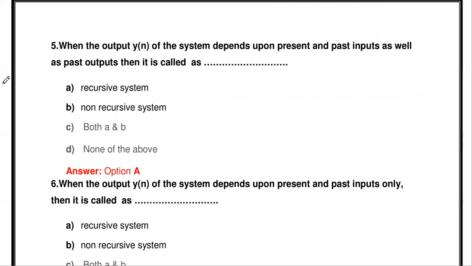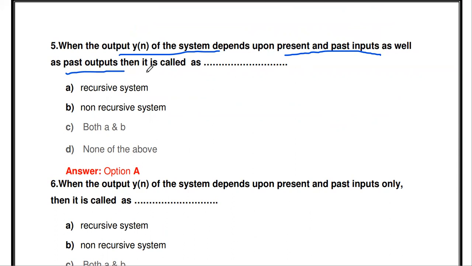The next thing: when the output y of n of the system depends upon present and past input as well as the past output, then it is called as dash. So when the output of the system depends upon present input, past input as well as past output, that system is called a recursive system. There are two categories of systems, recursive and non-recursive.